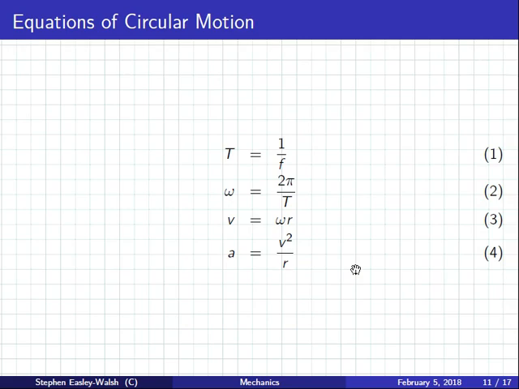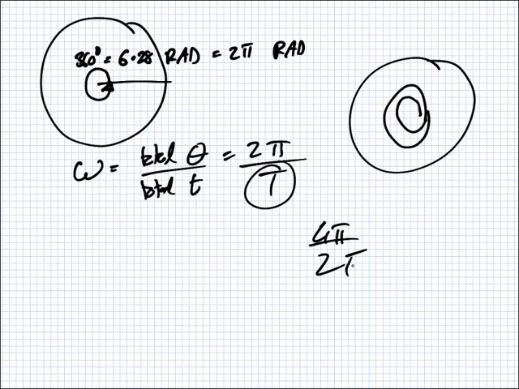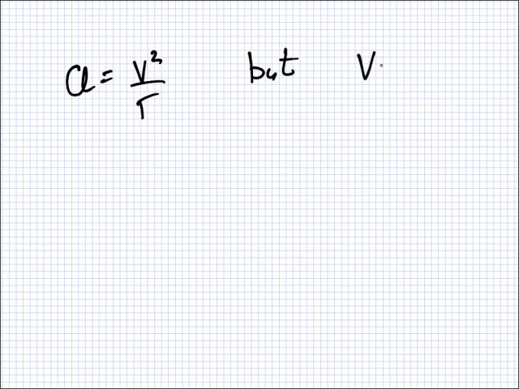Okay, next formula. Oh no, that's all the formulas for this one. Now just the last one, if you can write this down. A equals v squared over r, but what does v equal? v equals omega r.